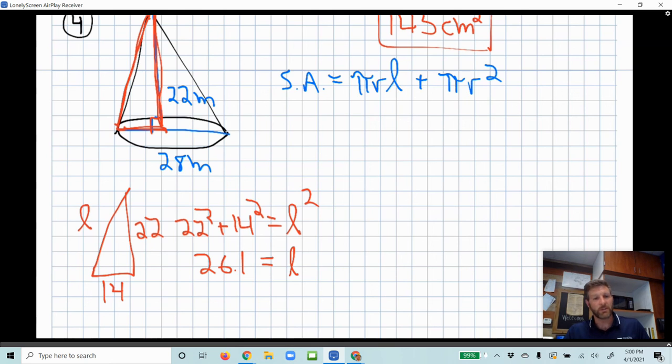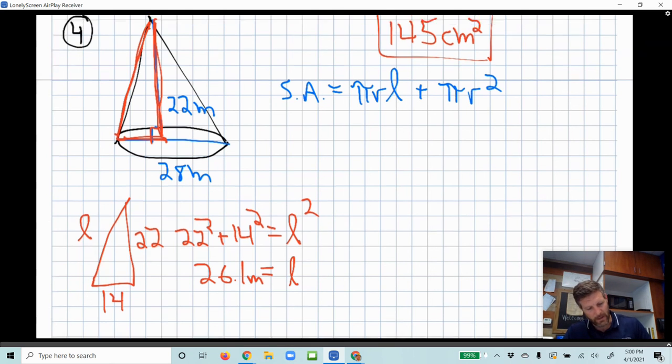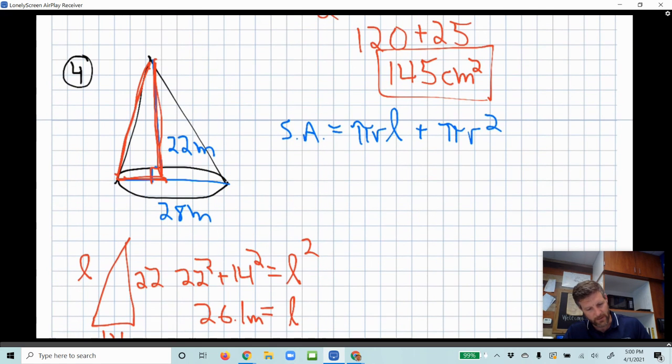We get 26.1 meters. Okay, so if I go back to my drawing, I now know this right here is 26.1, which again, the slant height should always be longer than your altitude or your height. So it seems like a reasonable measurement.